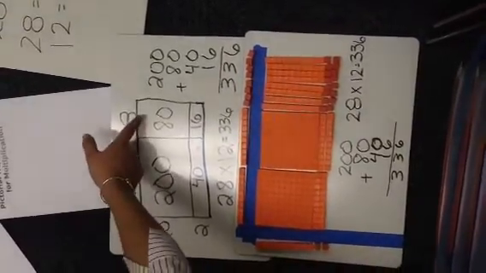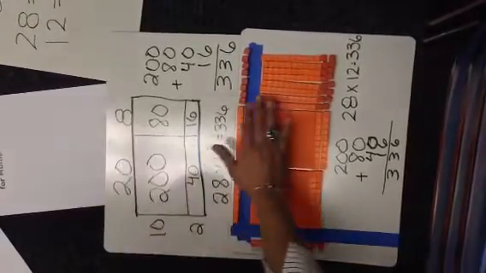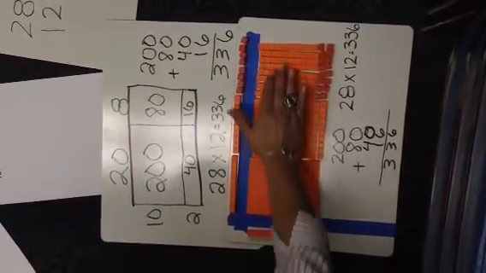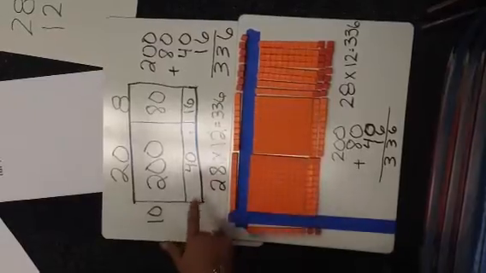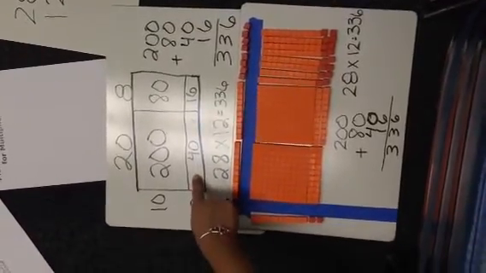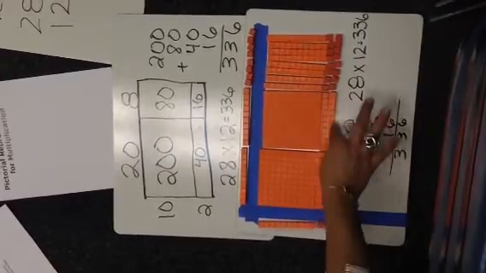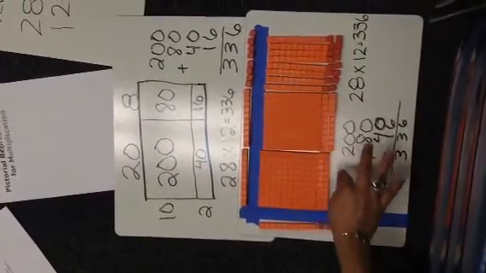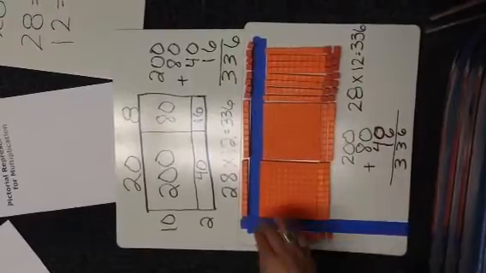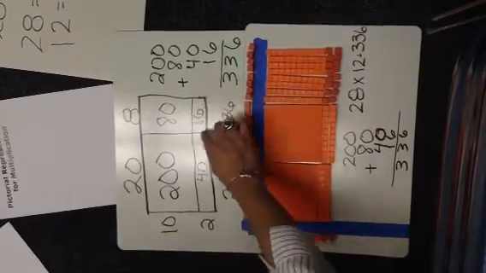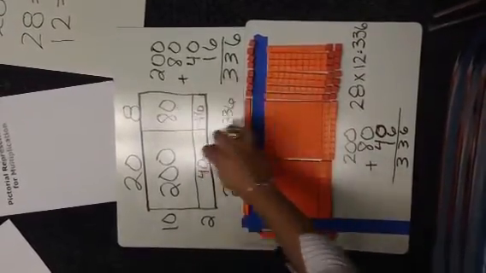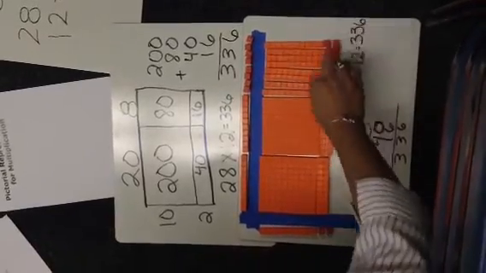In the pictorial here, we have 80, which is represented with our 8 longs here. Then here in our pictorial, we have 40, which is represented here with our 4 10 longs. And then this last piece in our model is 16, which is represented here with our 16 units.